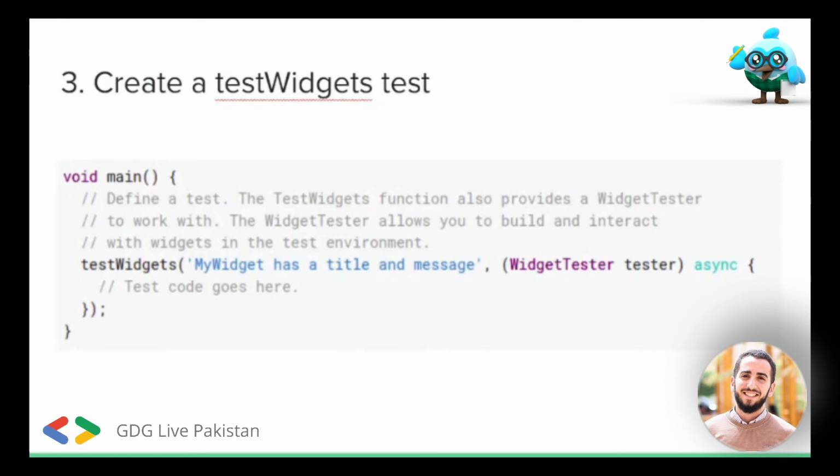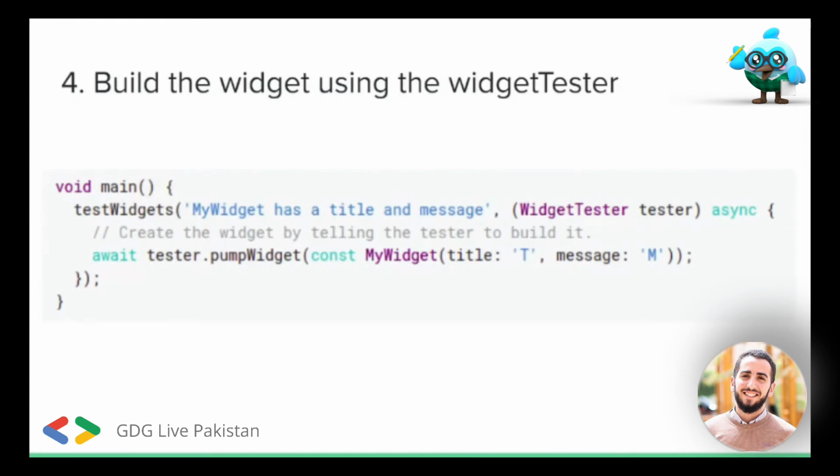This test verifies that my widget displays a given title and a given message. It's titled accordingly and will be populated in the next section. So this testWidgets function is like the test function in unit testing, but with the WidgetTester in the second parameter.